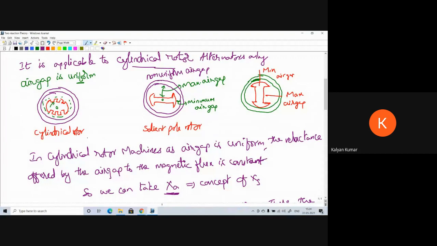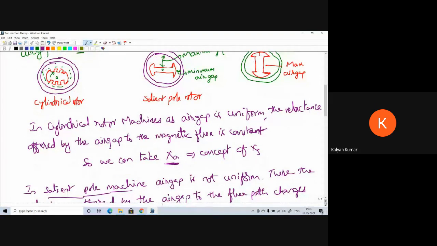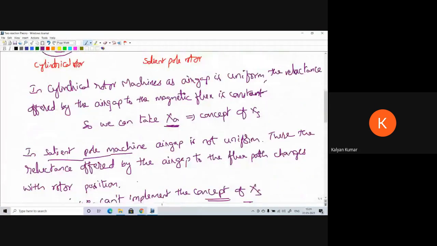Whereas in case of salient pole machines, as the air gap is dependent upon the rotor position, sometimes it is minimum, sometimes it is maximum. So as the air gap is changing, the reluctance offered by that air gap to the magnetic flux path is also going to change. The reluctance is not going to be constant. It's going to depend upon the rotor angular position.